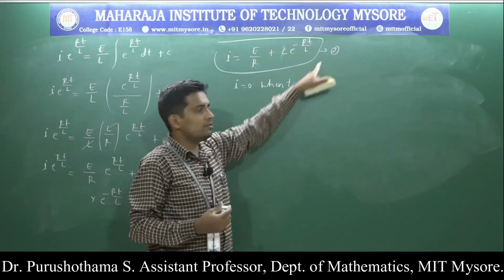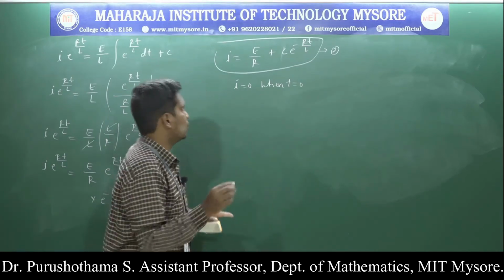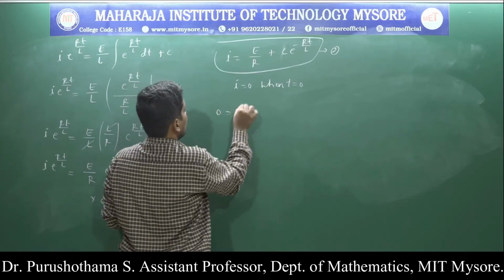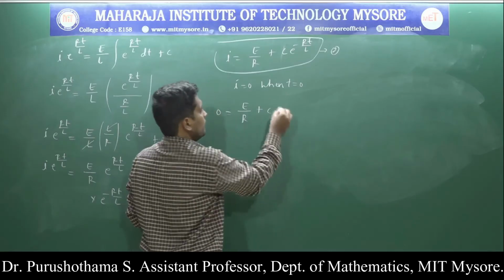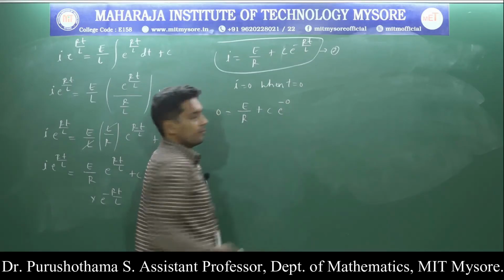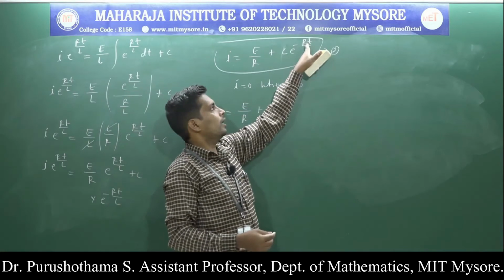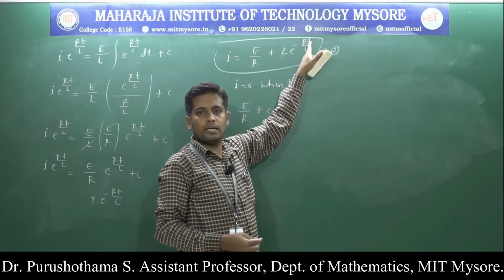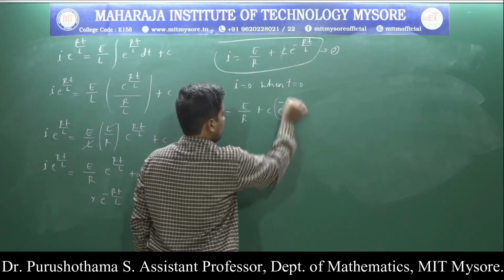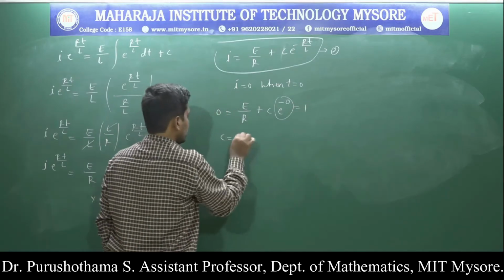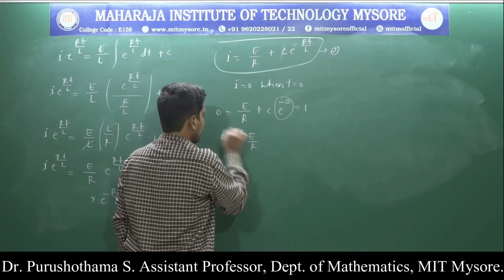Using these two values in equation 2, 0 = E/r + c·e^(-r·0/L). Zero divided by anything is 0, and e^0 is nothing but 1.